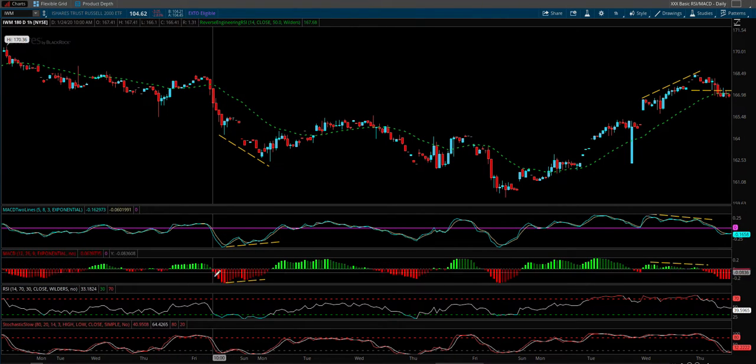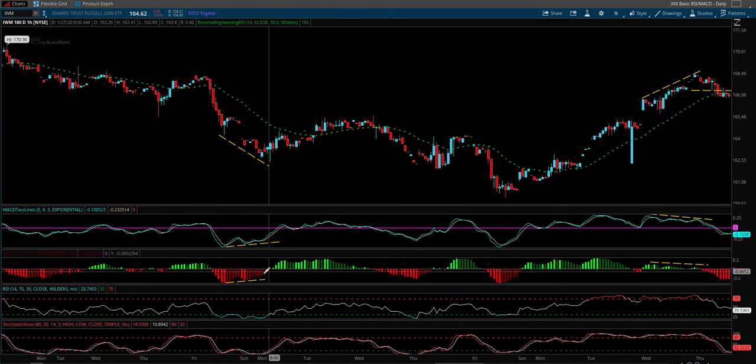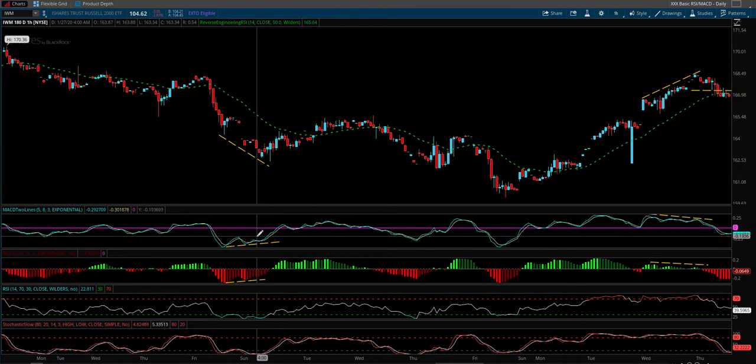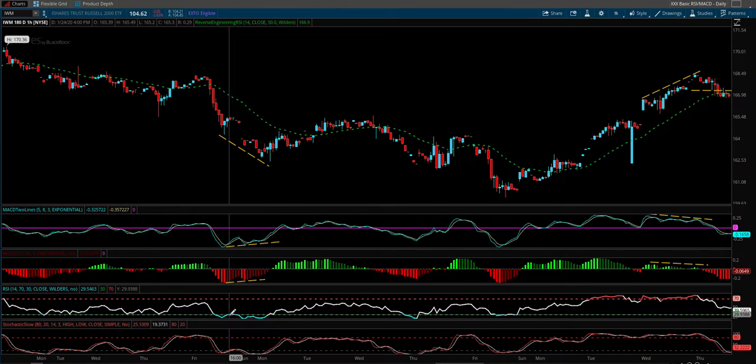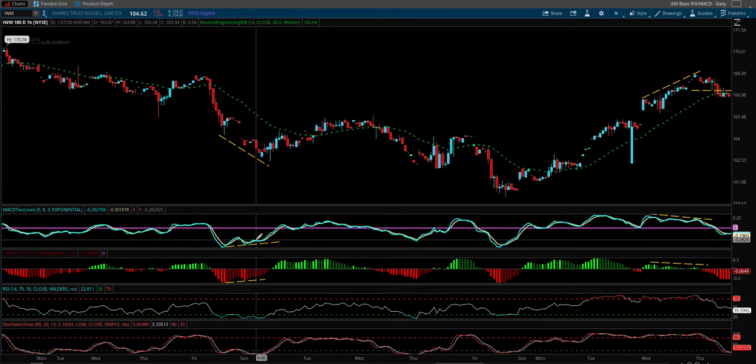There's no up and down like it should be, red to green. This is just showing you momentum is increasing to the upside, but that's not the same thing. And the RSI showed nothing, and the stochastic showed nothing. Yet this fast MACD, as I call it, picked it up.